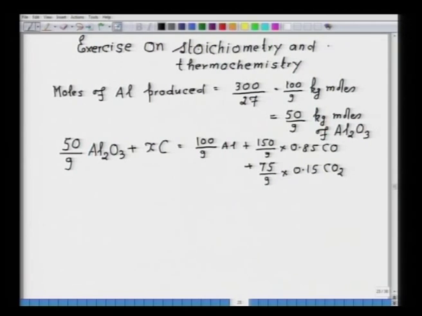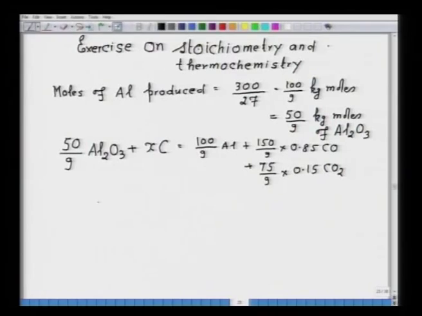Now, this equation I have written as per the statement of the problem, that says 85% of the oxygen forms CO and 15% forms CO2.